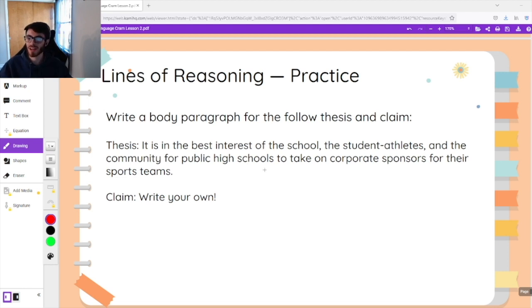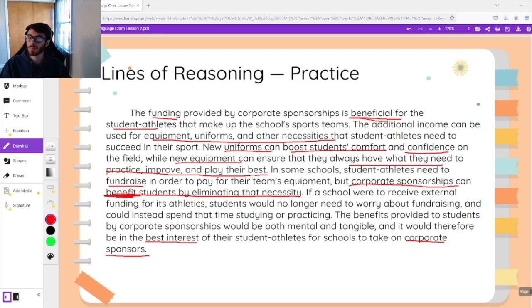Let's do another practice here. Again, we're going to write a body paragraph, but this time you have to come up with your own claim. The thesis here is the same. The thesis is, it is in the best interest of the school, the student athletes, and the community for public high schools to take on corporate sponsors for their sports teams. Now, write a body paragraph with your own claim. I would recommend doing something different from the previous one, right?